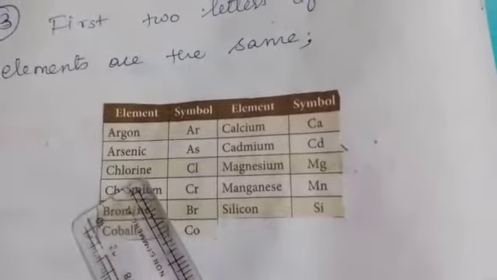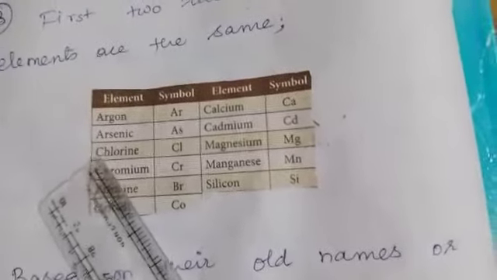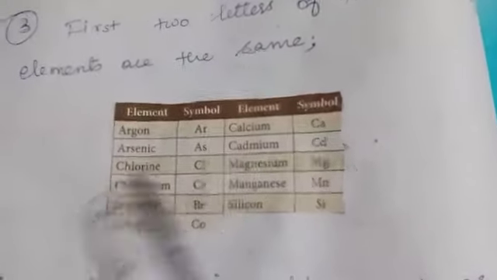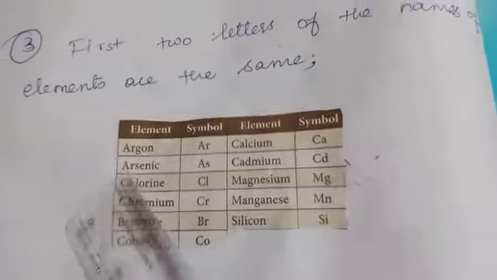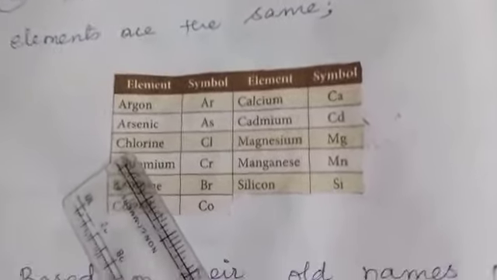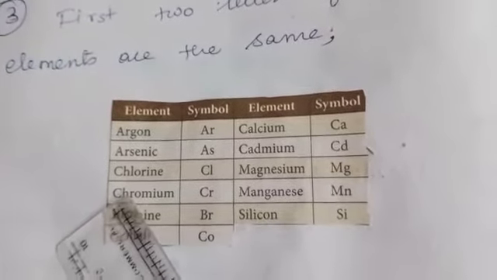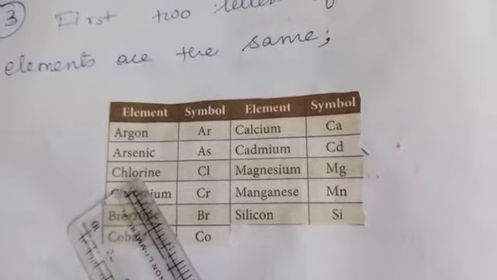In the same way, chlorine and chromium. See, the first letter C is common, isn't it? But the first letter is the same in both elements, so we go to the second letter. The second letter is also the same, and we go to the third letter.